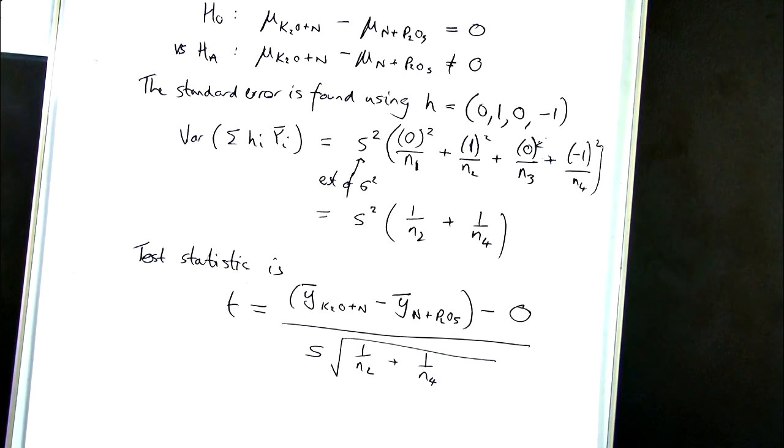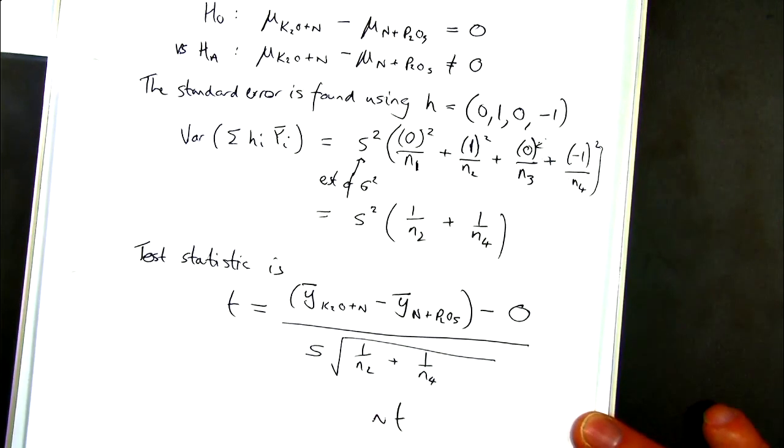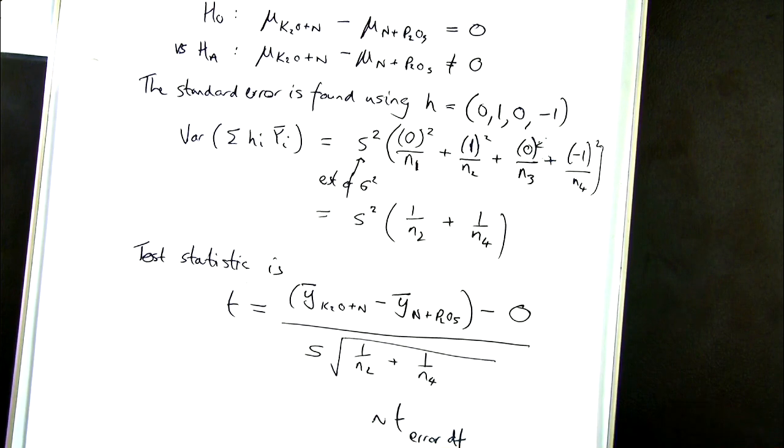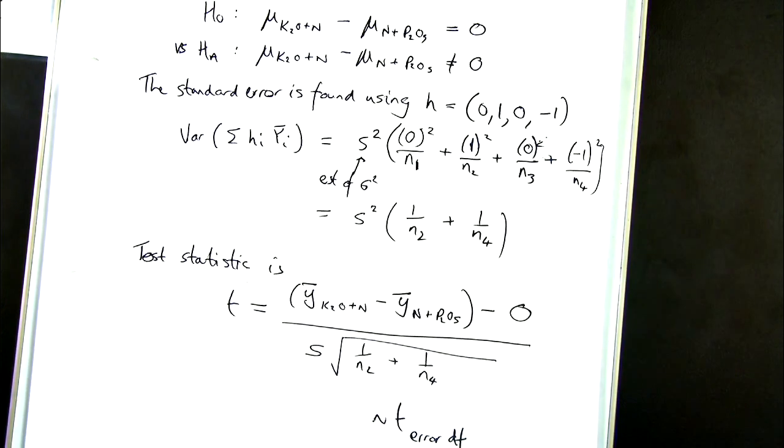So it's just basically the observed difference minus the hypothesized difference over the standard error of the difference. The standard test statistic that we always have. The estimator minus its assumed value divided by the standard error of the estimator. And that will be distributed as a t-statistic with the error degrees of freedom. Why would I have the error degrees of freedom? Because that's the degrees of freedom associated with that S.